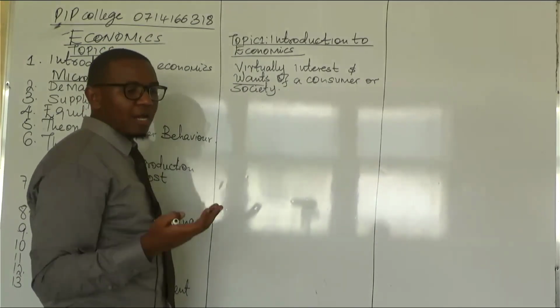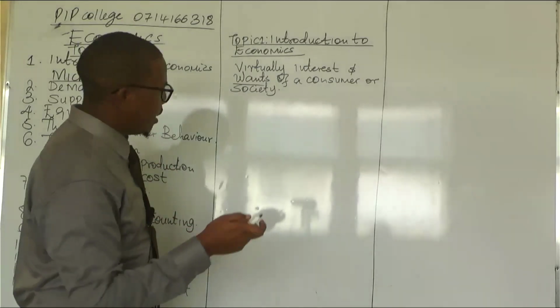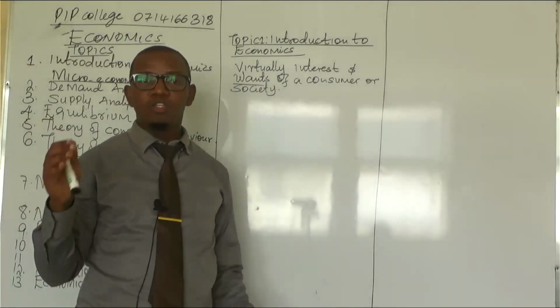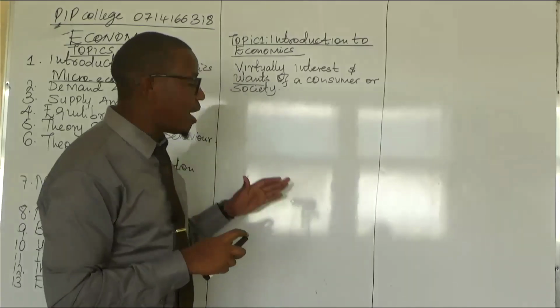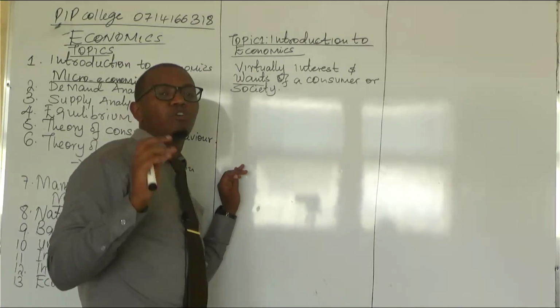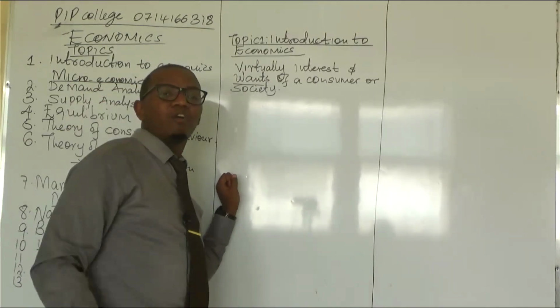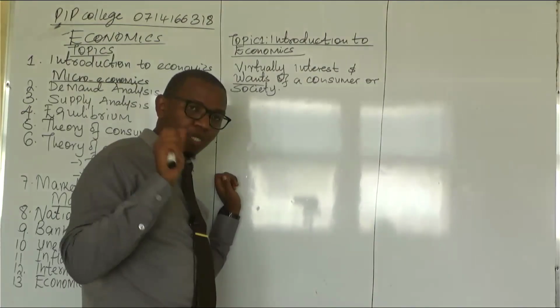Now, this is what I mean here. When I will be talking about the basic concepts of economics, you will realize number one of it is what we call the economic resource. And for something to be an economic resource here, it has to be scarce.